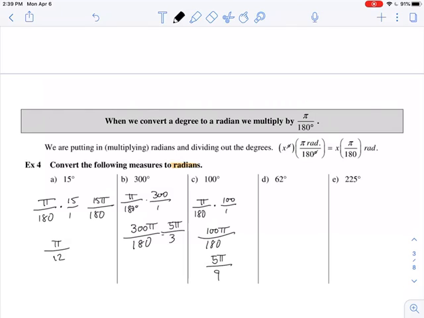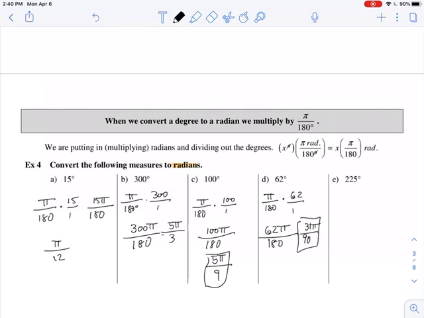One more time, same thing. Multiply by pi over 180 if I want to go to radians. 62 over 1, I'm going to end up with 62 pi over 180. And when I reduce that down, I'm going to end up with 31 pi over 90. Okay?